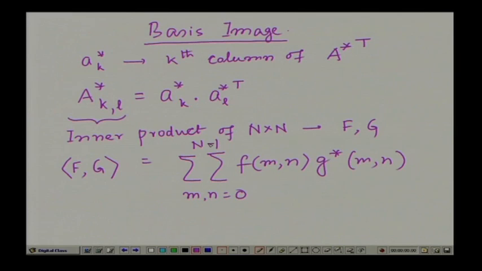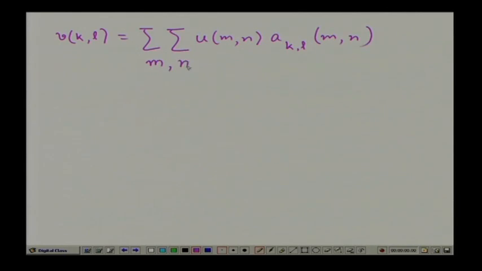Now, by using these two definitions, if I rewrite our transformation equations, we can write V k L equal to the sum of U m n A k L m n, where both m and n vary from 0 to capital N minus 1.